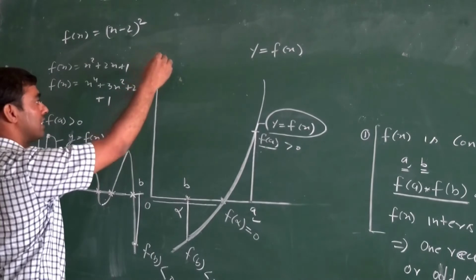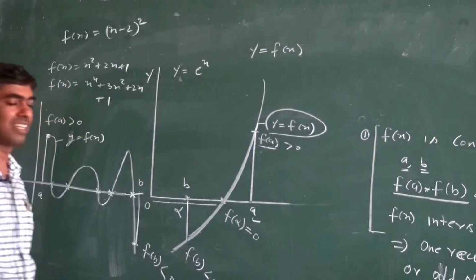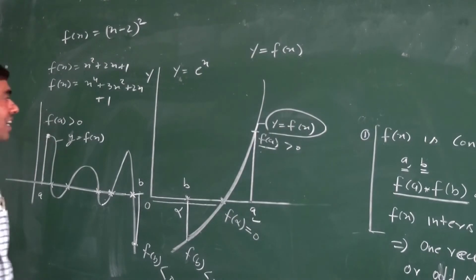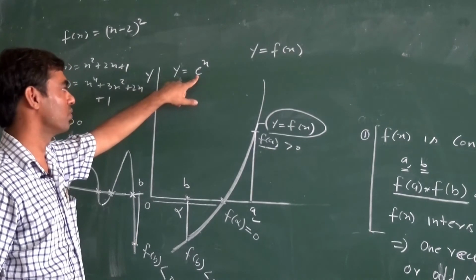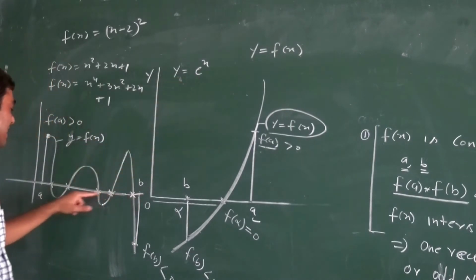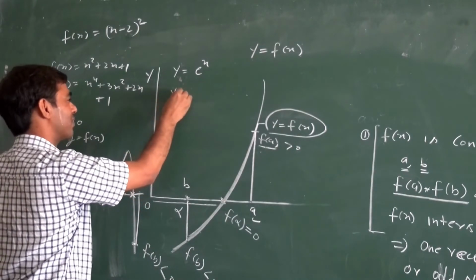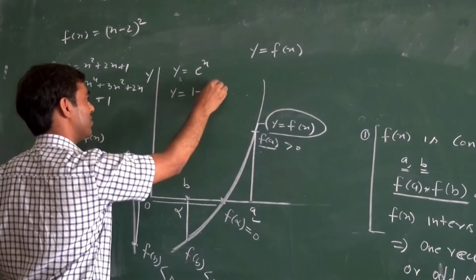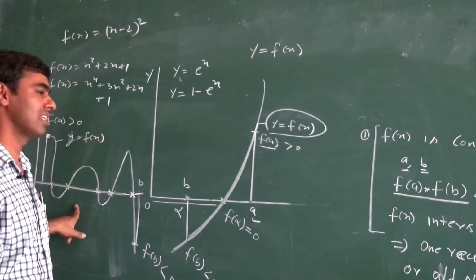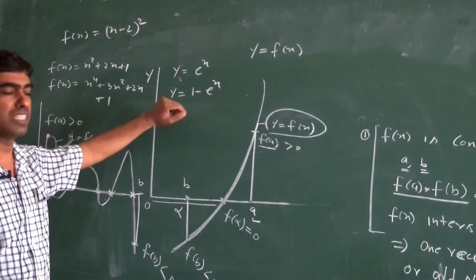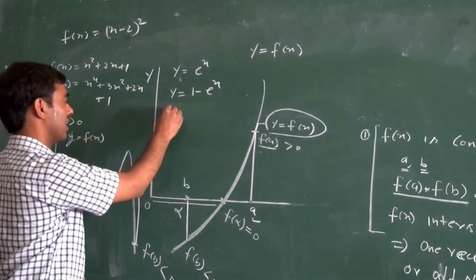But in case of a transcendental equation, suppose y equal e to power x, then obviously, as earlier we discussed, in this equation there is no root, so this one does not intersect the x-axis at any point. And similarly, if we talk about y equal 1 minus e to power x, then this will intersect the x-axis at x equal to 0, meaning there is exactly one root of this transcendental equation.